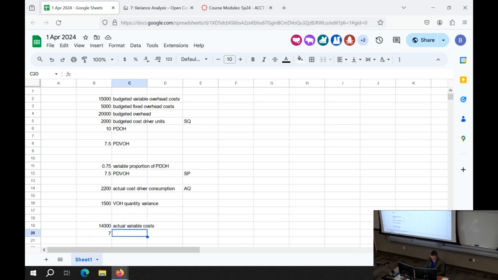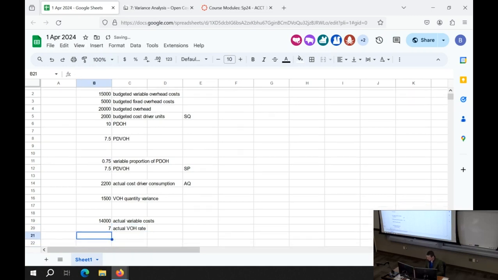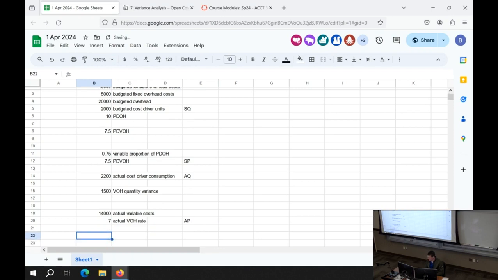And so this should be our actual VOH right here. So now we can take, and that's AP. So per unit of cost driver, we actually used $7 instead of $7.5.